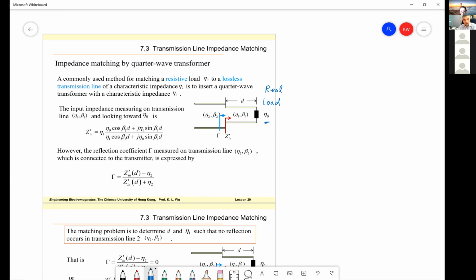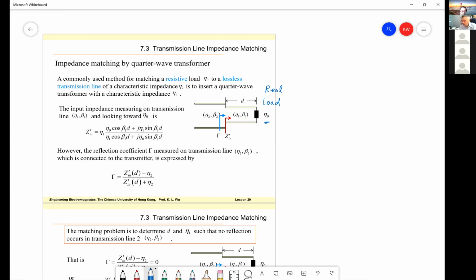If the load is not real, if it is a complex load, you can move your reference plane to a voltage maximum or voltage minimum point. Then at that point, the load must be real. So we don't have a problem finding a location down the transmission line where the load is real.